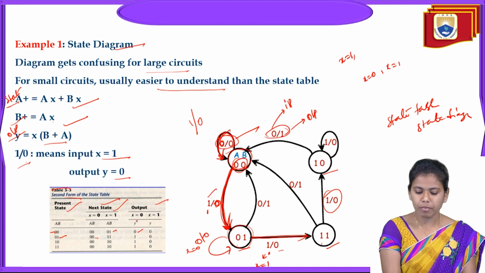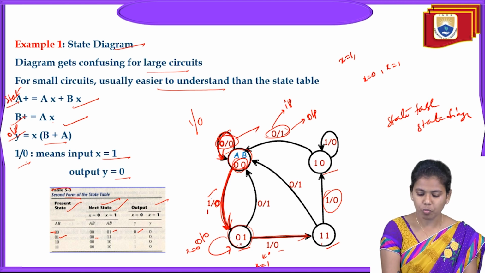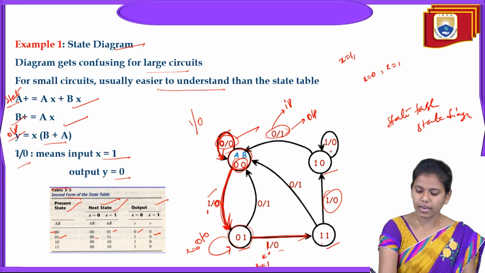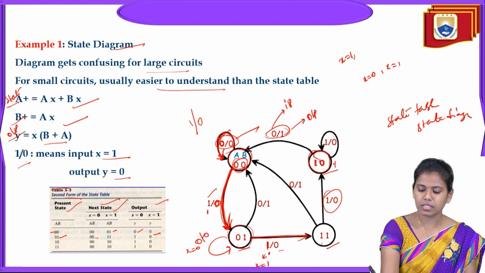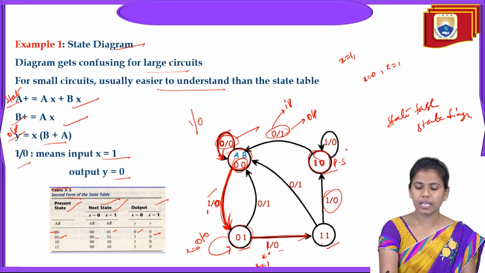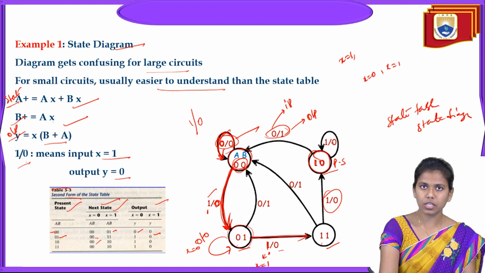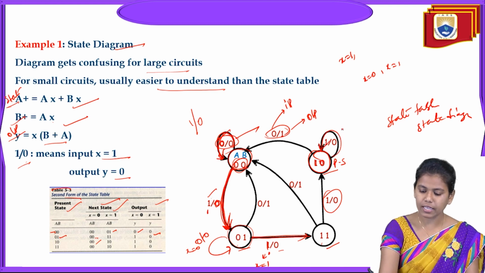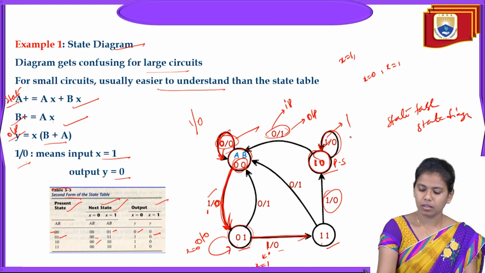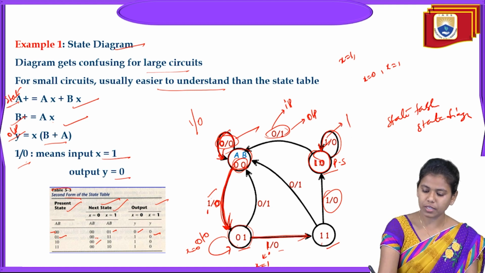So when X is equal to 0 the output is 1, and when X is equal to 1 the output is 0. So likewise 1, 0. And now this is my present state. When X is equal to 0, what is my output? My output is 1, 0 itself. But whereas here the output is 1.